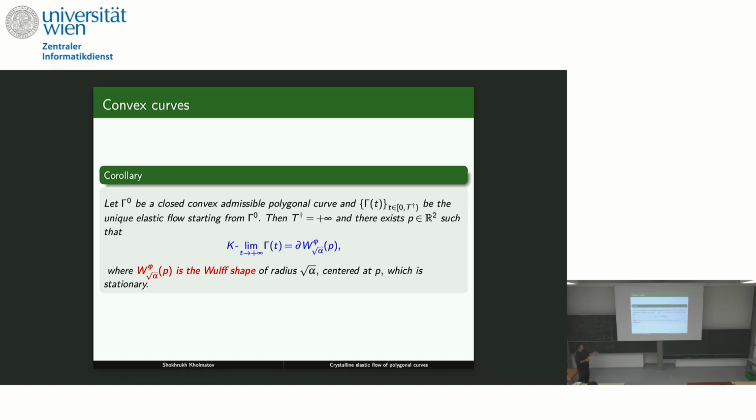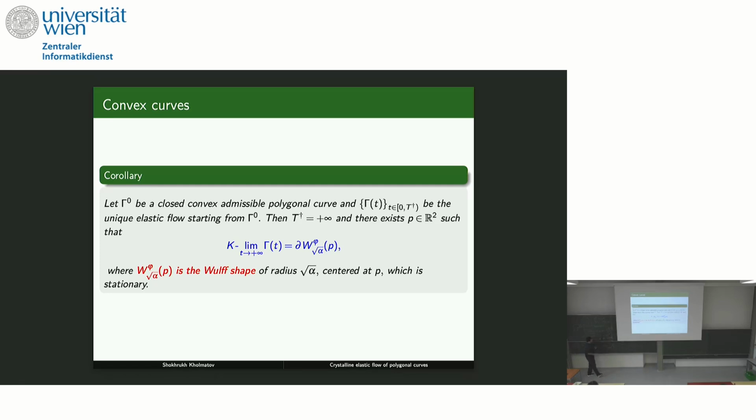One way to see this is through Grayson's theorem for curves. We know in 2 dimensions, Grayson showed, if I am not mistaken, that if I start with some closed curve, then in the limit it always becomes round, a circle, and then disappears.